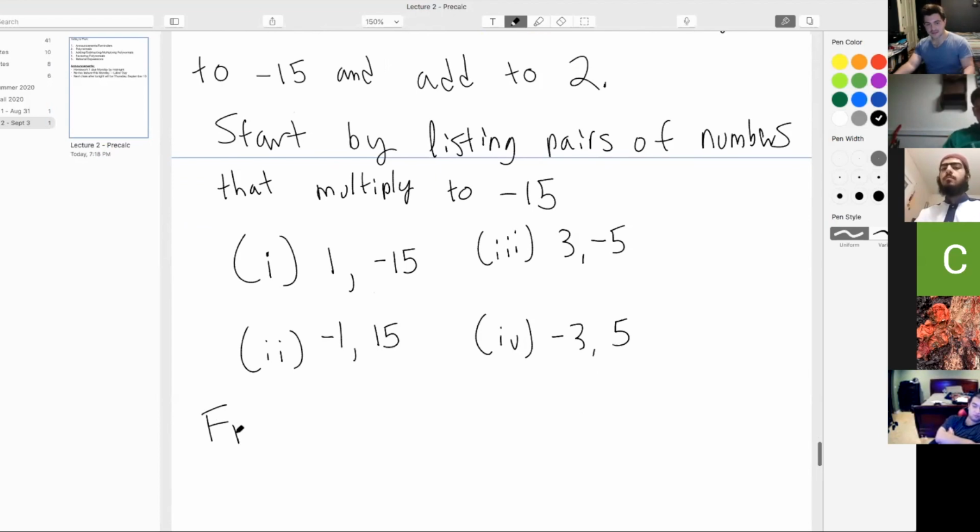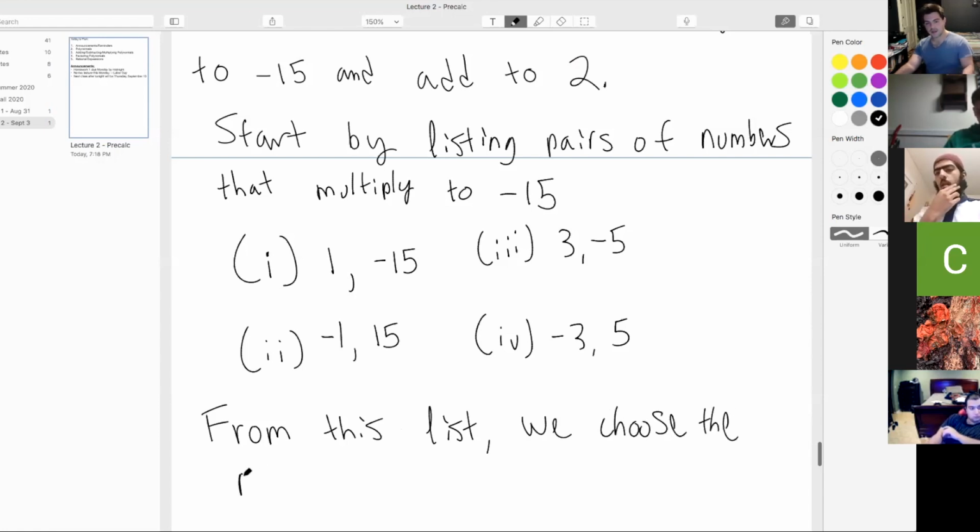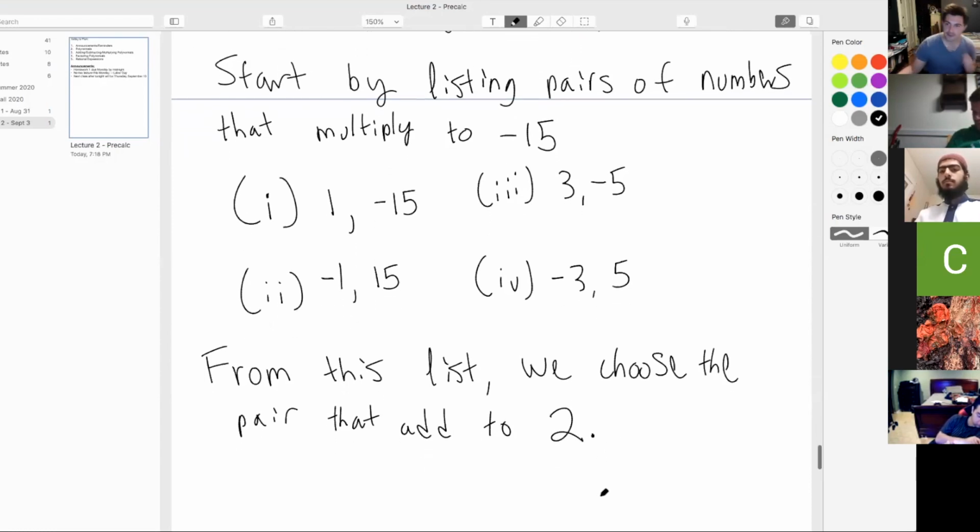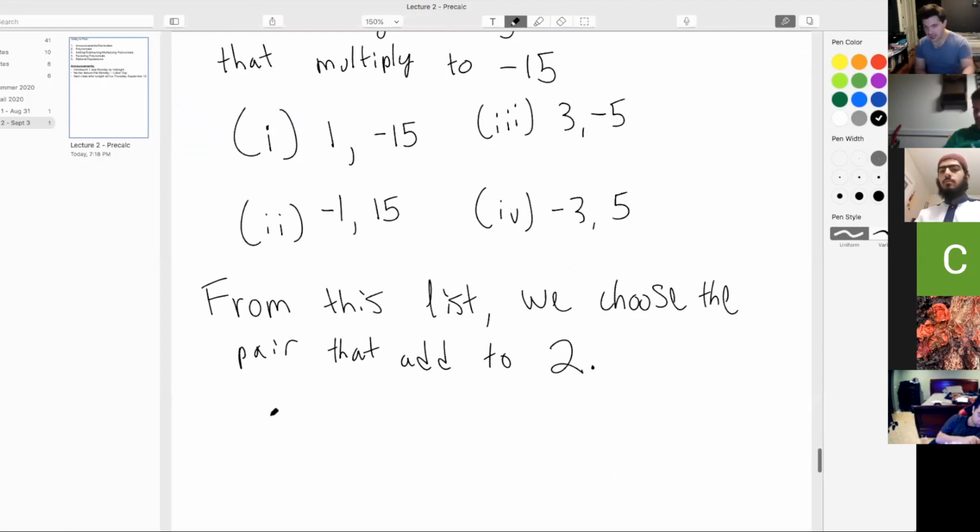Now, from this list, we choose the pair that adds to the number 2. Which choice does the job here?